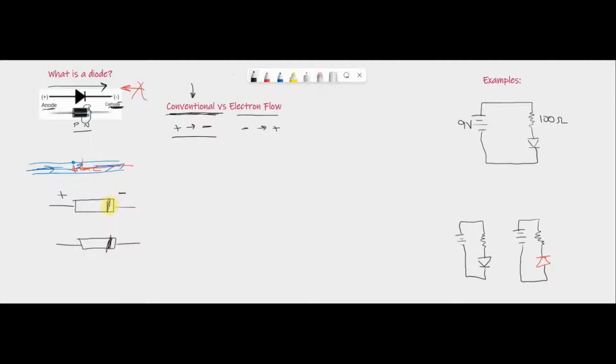Now, if this is the plus, which is the anode side, then in electron flow theory, I'm going to get current that's really going to travel this way. Now again, I'm jumping between conventional and electron flow, but that's really how it works. Even though we don't use that terminology, this is called forward bias.